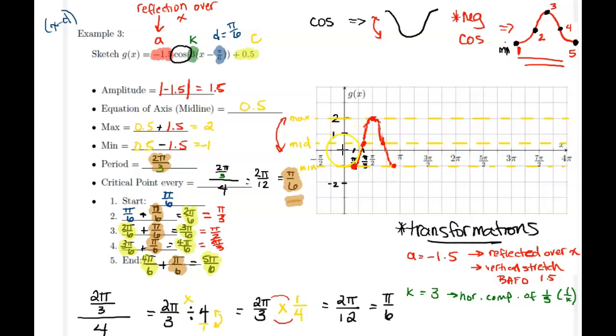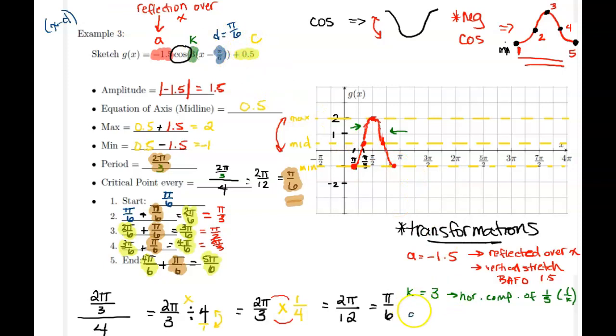The original would have been 0 to 2 pi, but we've cut that down by 3, and it is only 2 pi over 3. So this was horizontally compressed and squished in by a third. So it only covers a third of the horizontal distance that the original 2 pi would have been. All right, making sense so far.